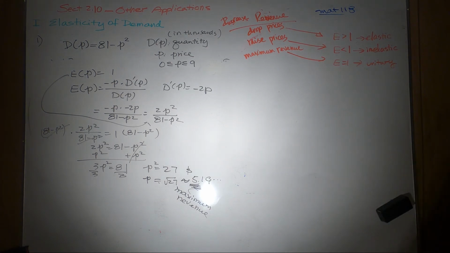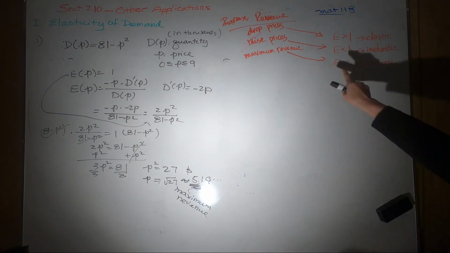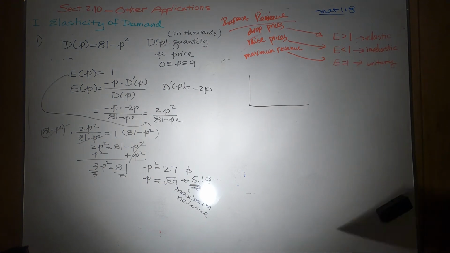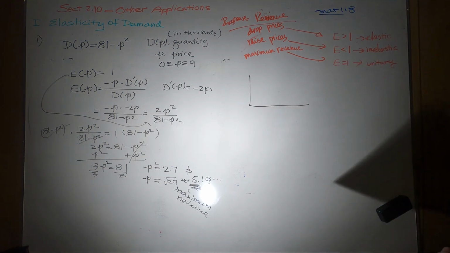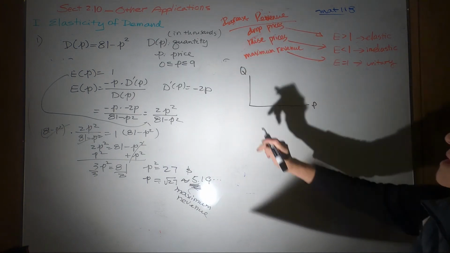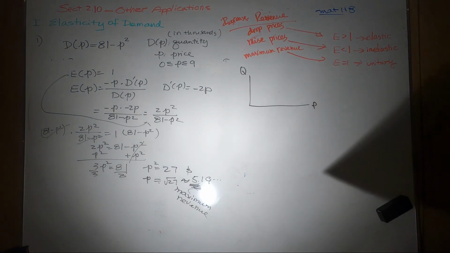From your business class, you might have this, right? From our calculation, we say price, that's your quantity, demand quantities, right?